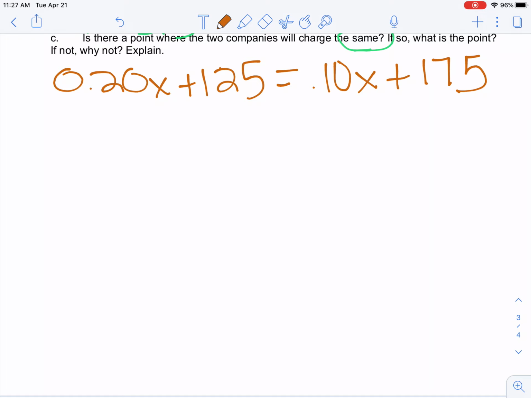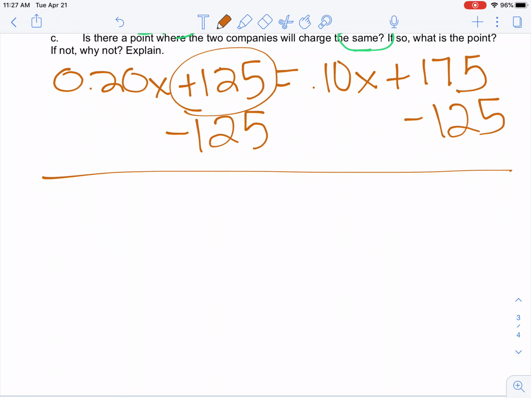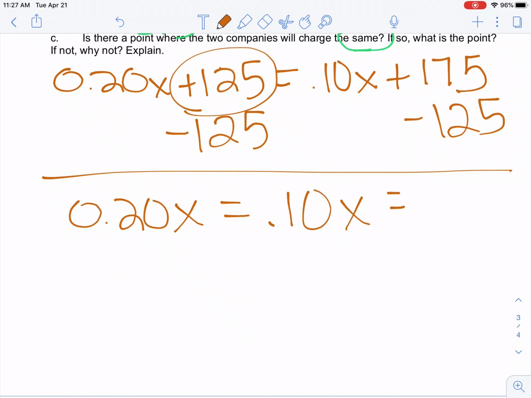Our first step is going to be to get X by itself. So I'm going to get rid of this 125 by subtracting it on both sides. What's left? Now I need my X's together, so I'm going to subtract.